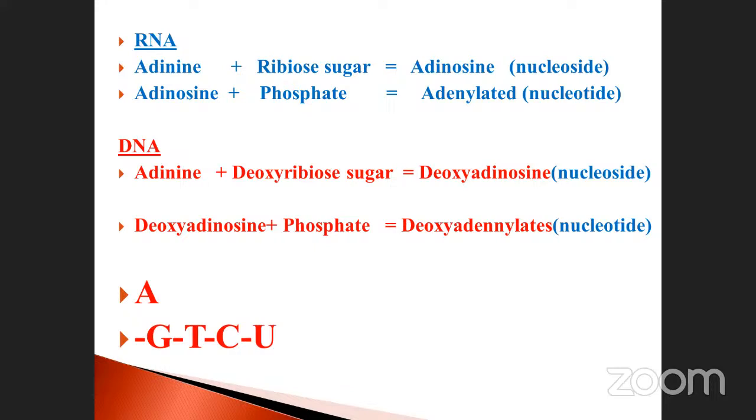Likewise, DNA also: adenine, deoxyribose sugar. Here, ribose sugar, a deoxyribose sugar. You will get deoxyadenosine. This is a nucleoside. The deoxyadenosine again combined with the phosphate molecule, you will get deoxyadenylate. This is a nucleotide. Likewise, you have to practice all the components. Adenine only I have mentioned here.